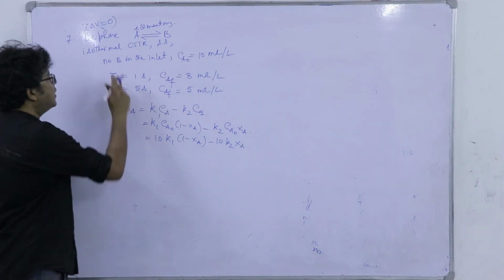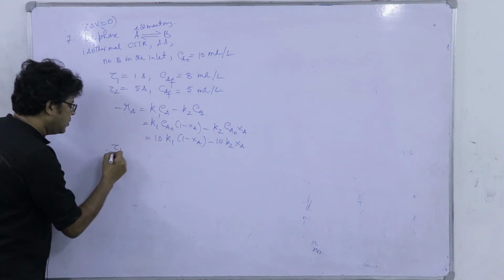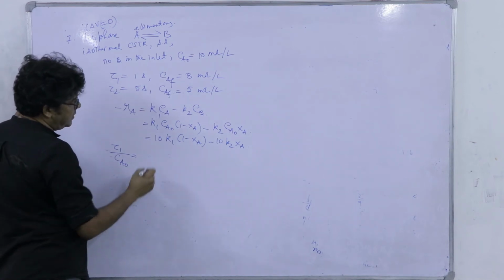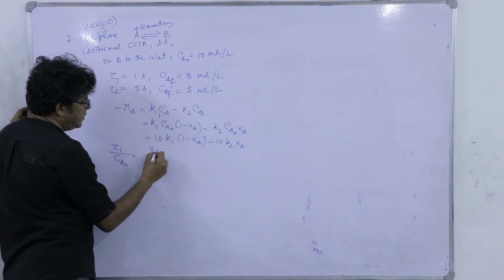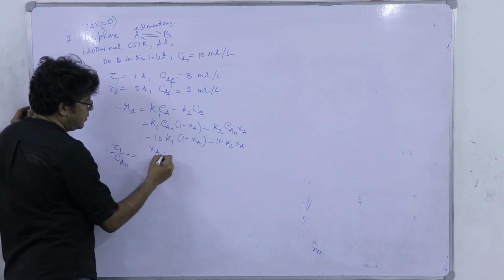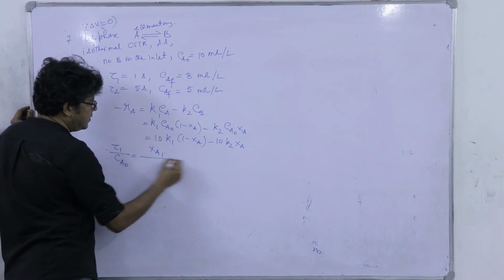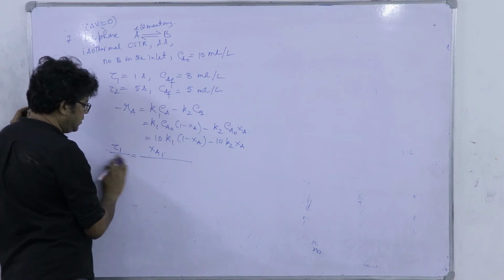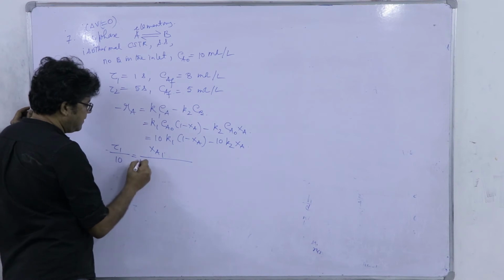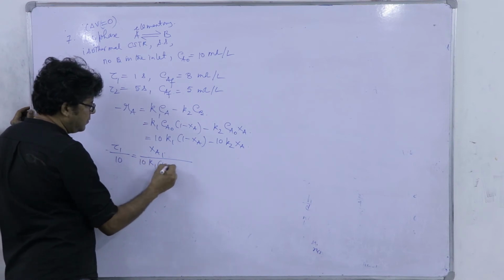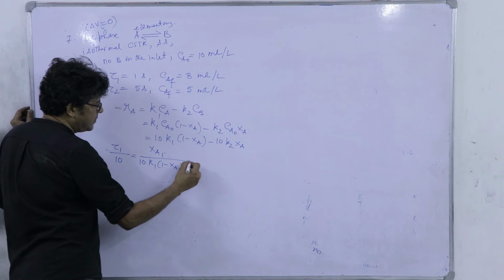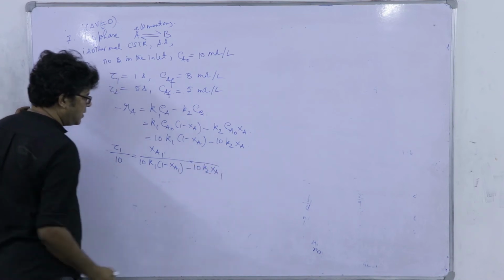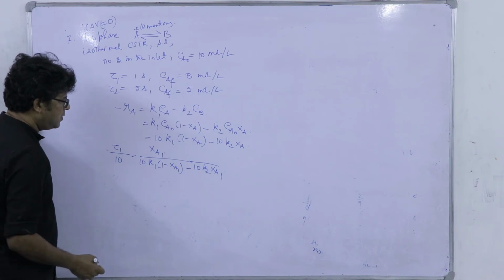Fine. Now tau 1 is 1 second. So, tau 1 by CA naught equal to XA1 divided by the rate, or here tau 1 by 10 equal to XA1 divided by 10 K1 into 1 minus XA1 minus 10 K2 XA1, one equation.